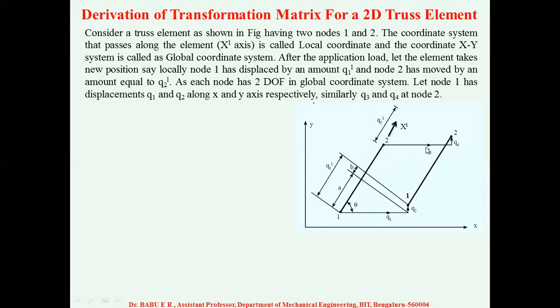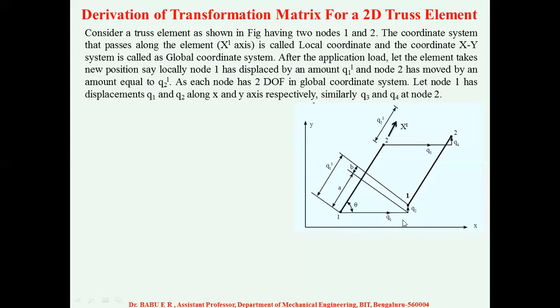At node 2, the x displacement is q3 and the y displacement is q4. This truss element is represented in both the local and global coordinate systems in order to derive the transformation matrix.